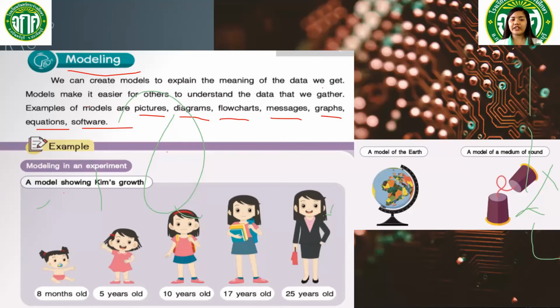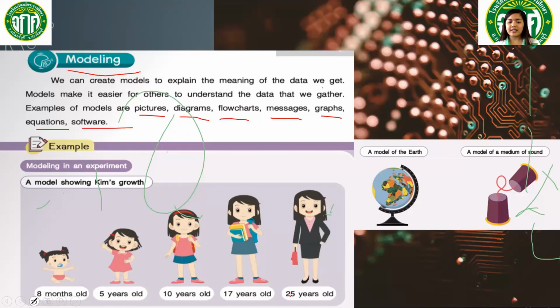Okay, so we have here an example of models. A model showing Kim's growth. So this is Kim when she is 8 months old. Now this is Kim when she is 5 years old. This is Kim when she is 10 years old. The next is when she is 17 years old.